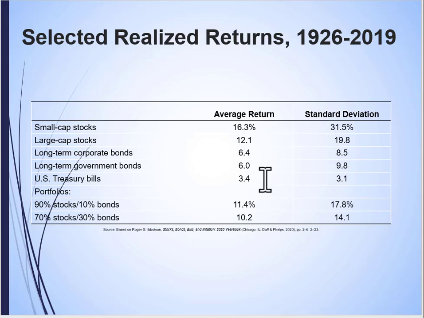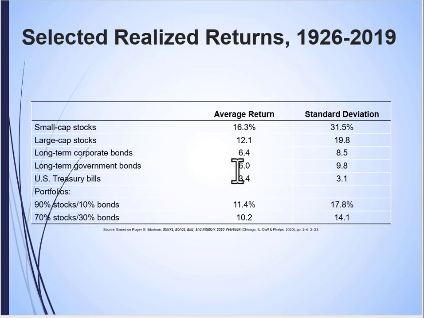So Treasury bills, United States government securities, are very low risk. What we'll find out in some upcoming slides is how we measure risk. One of the ways we measure it is standard deviation. You can see the number here is 3.1, very low.